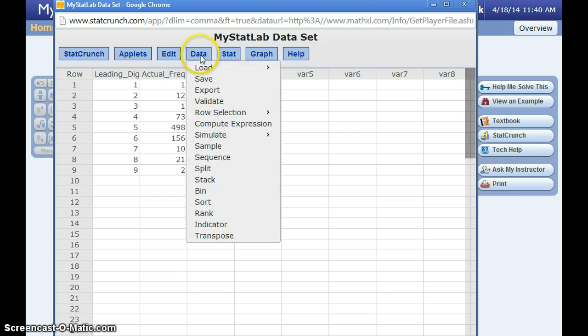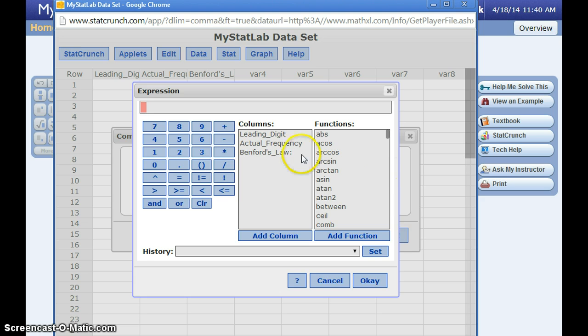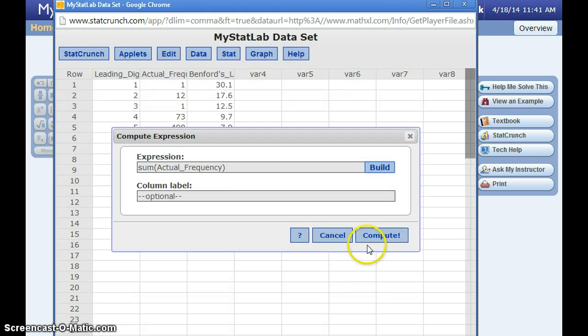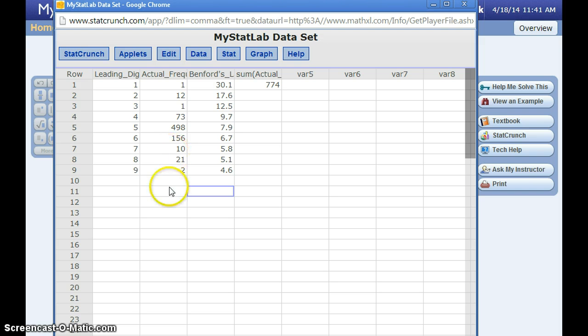If we go to Data, Compute Expression, and hit Build, I type the word sum, open parenthesis, choose actual frequency and hit Add, then close the parenthesis, and hit OK, Compute. So there are 774 occurrences. It just added up all the frequencies. You can type that in your calculator, but if you know how to do it, StatCrunch saves you time, especially if there's a huge list.